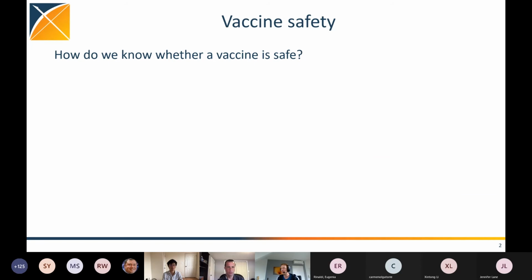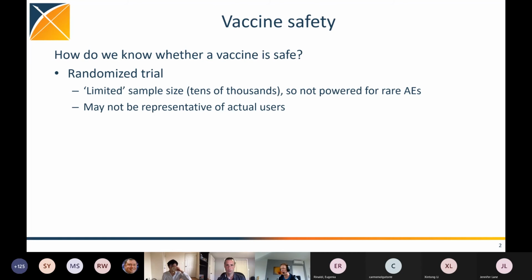So a question that a lot of people might have right now is, how do we know whether a vaccine is safe? Of course, we all know that all the vaccines that are being used right now undergo randomized trials. And those trials are typically very good for establishing effectiveness, but maybe not so good for establishing safety, especially since these trials are, quote unquote, limited in sample size, often still having tens of thousands of people.